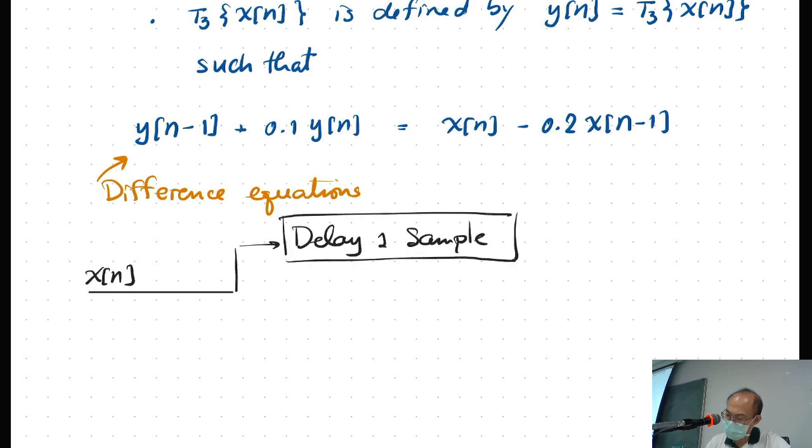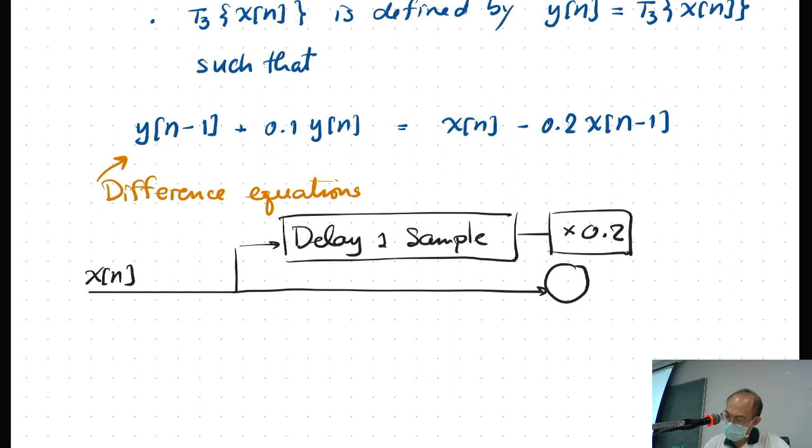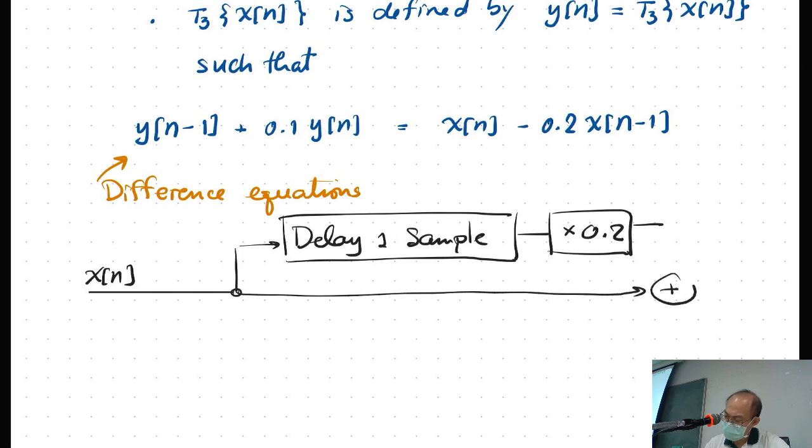Then you multiply by 0.2, and then you add them, and then this is y[n].